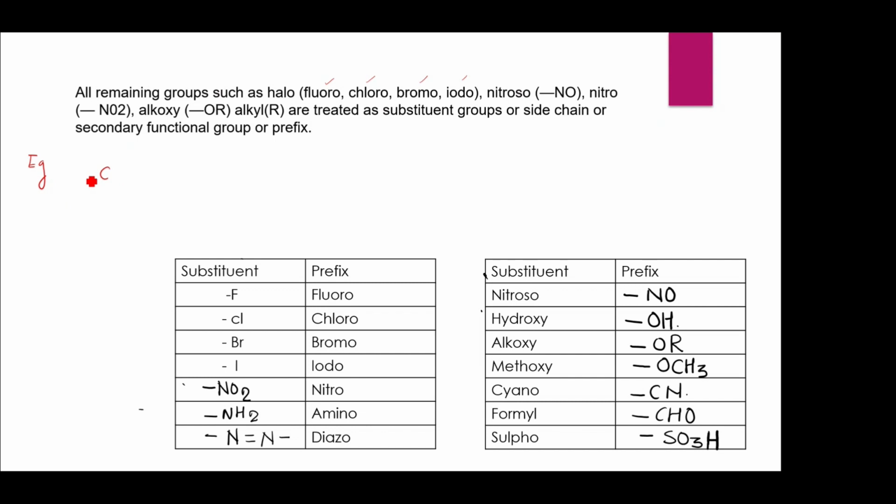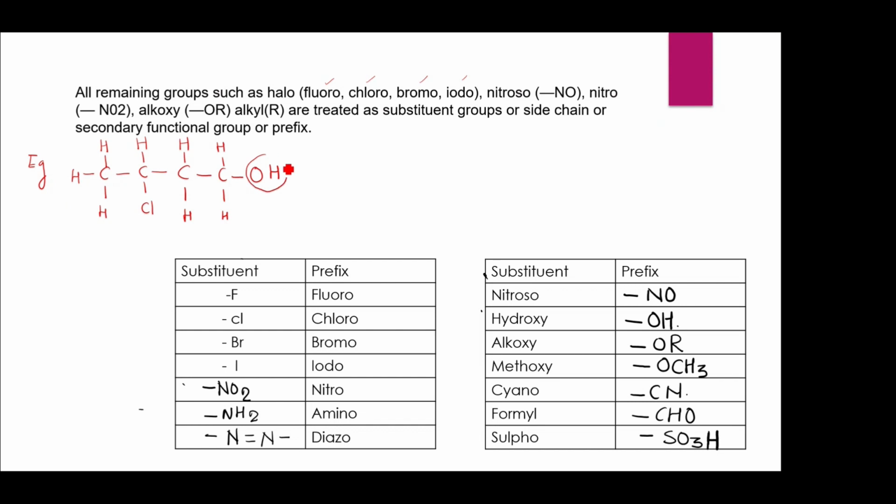So we will write the structural formula CH, H, C, H, Cl, C, H, H, C, H, H, O, H. So here we have two functional groups.